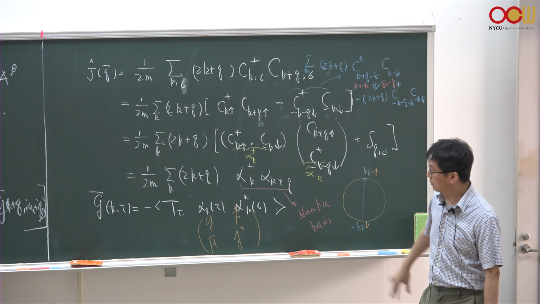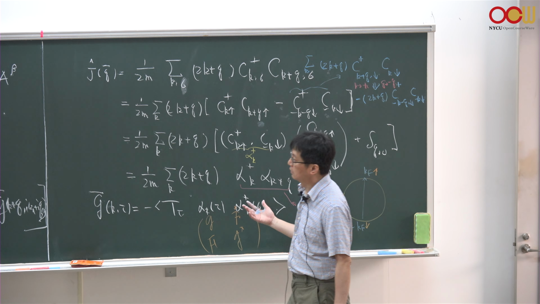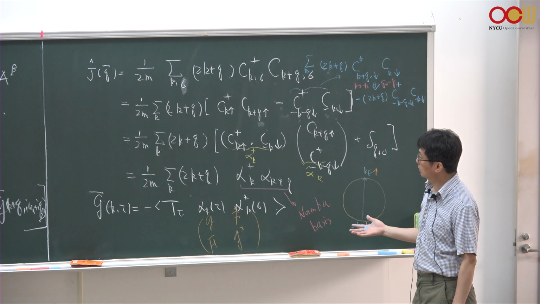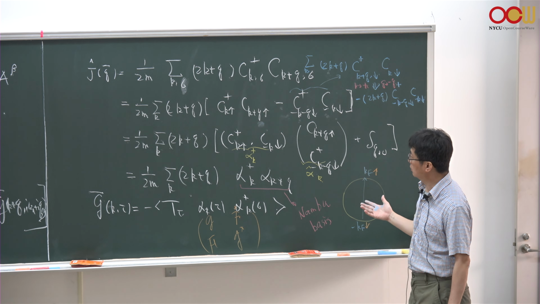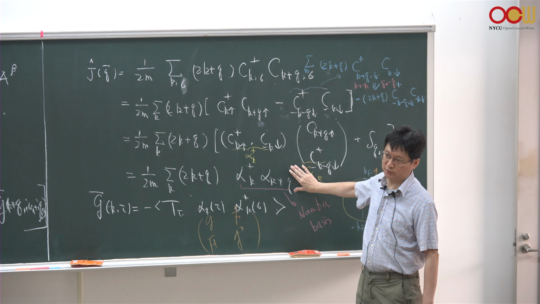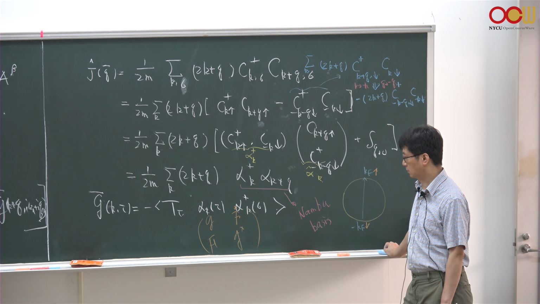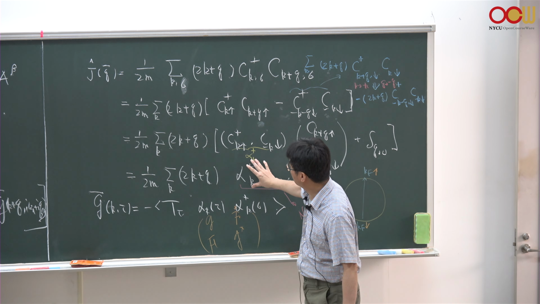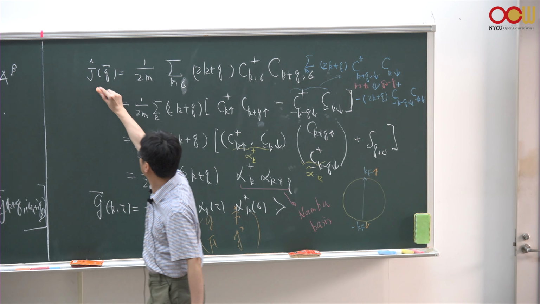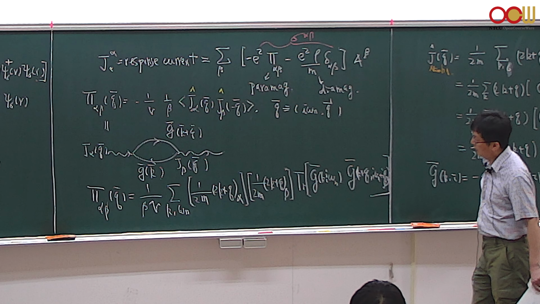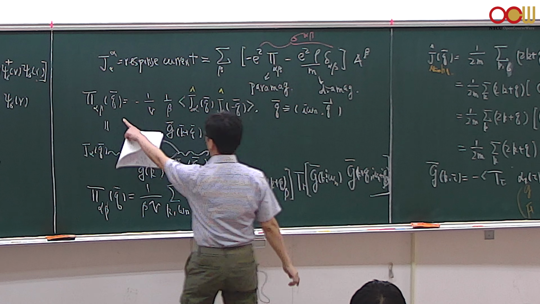So remember now, when we do any calculations in the BCS state regarding the electrical conductivity or resistivity, we should use this Nambu formulation of the paramagnetic current operator. Now let's plug this J Nambu back into the pi alpha beta that I just wrote here.